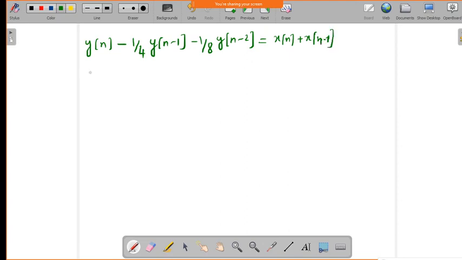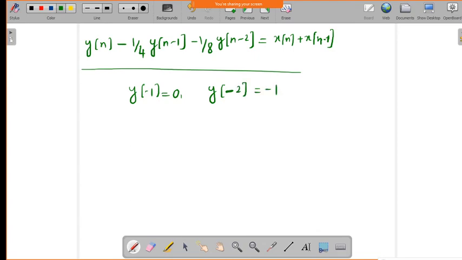So this is the difference equation, and the initial conditions are y of minus 1 equal to 0 and y of minus 2 equal to minus 1. So these are all the initial conditions.